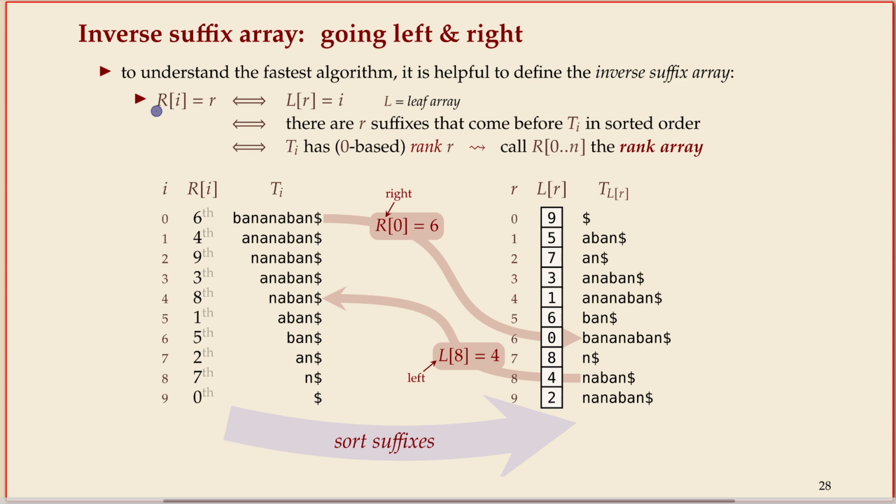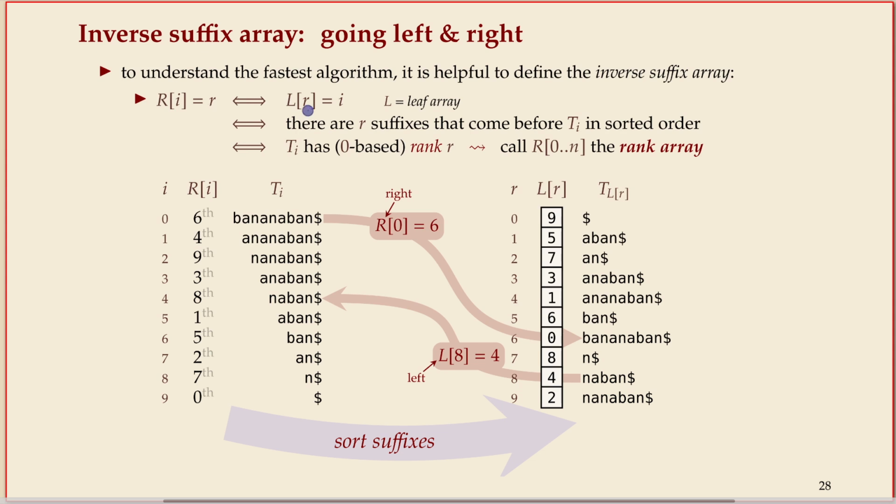And this array R, the inverse suffix array, just stores the inverse permutation, which means if the rth entry in the L array is i, then the ith entry in the R array is r, with small and capital R's.